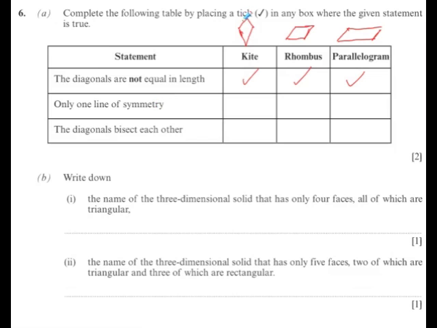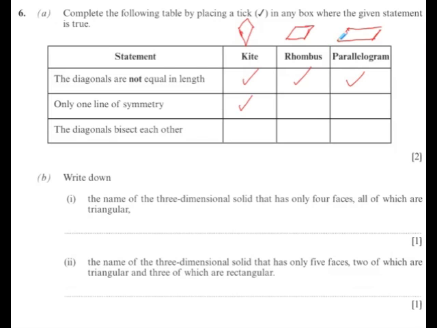So you have only one line of symmetry in a kite shape, which is down there. In a rhombus, if you place a mirror there and a mirror there, then you'll get a perfect reflection, but you've got 2 lines of symmetry, so you don't put a tick there.